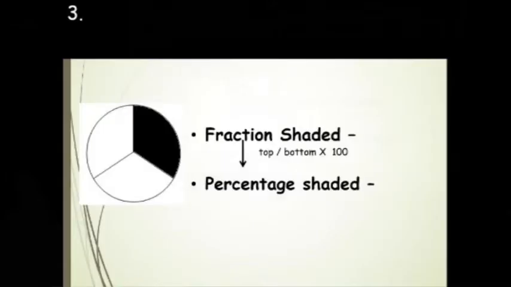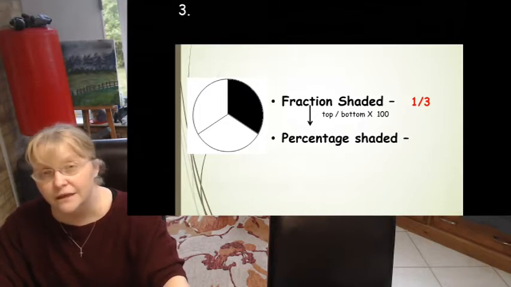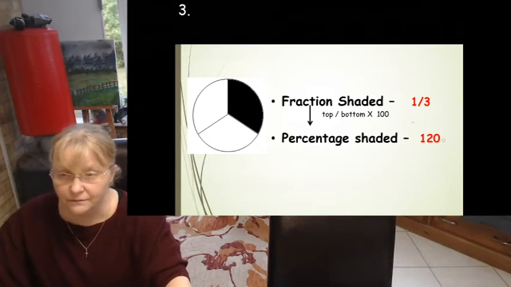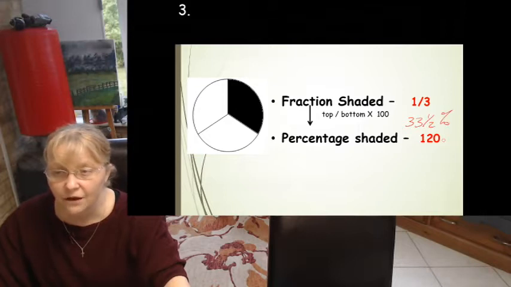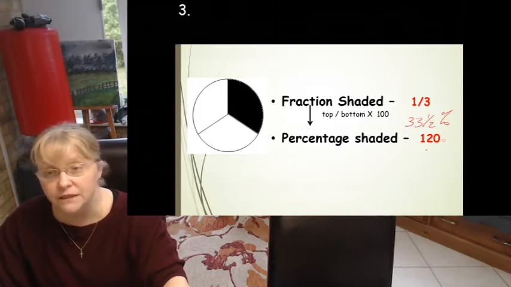Write down now. And you'll find it's a third. Now a third is 33 and a third percent. Or if you think of a third of 360 degrees, it's also 120 degrees.